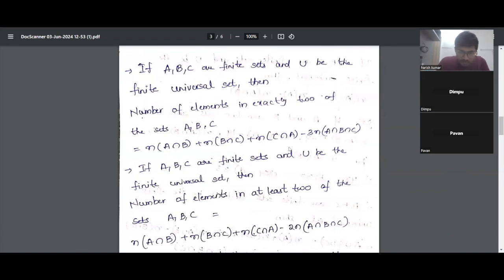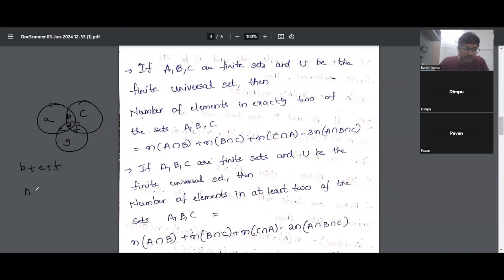If A, B, C are finite sets and U is the finite universal set, then the number of elements in exactly 2 of the sets is what we did just now. Exactly 2 of the sets means, if the regions are A, B, C, D, E, F, G, then B plus E plus F. How can I write B?